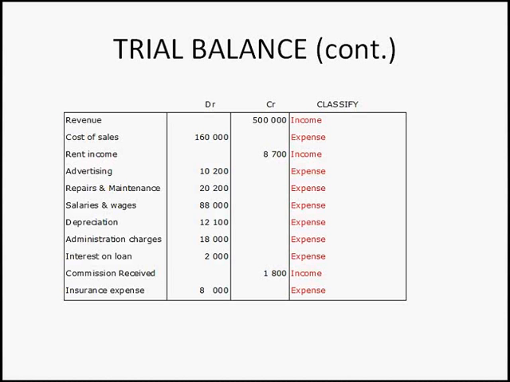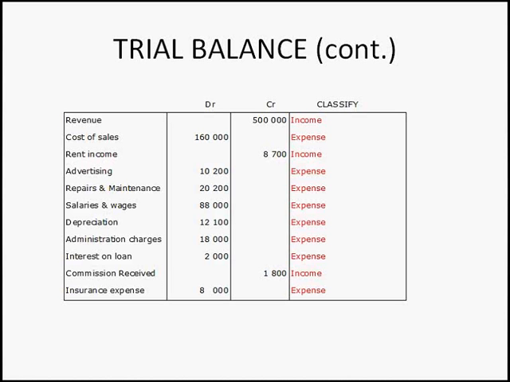So now I've classified all the items in my trial balance, and from there it should be easy for me to just plug in these accounts in the different statements where they belong. So let's just quickly recap. The income statement consists of incomes and expenses.